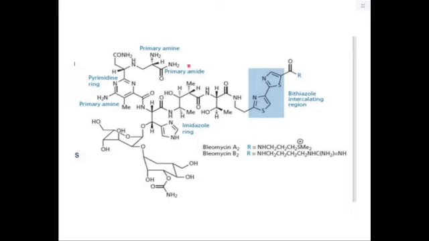As I said, some of them are very complex, and you can see how complex this molecule is. It has so many portions: pyrimidine ring, a primary amide, imidazole ring. This complexity provides centers which can intercalate, which can bond with the DNA in different ways.